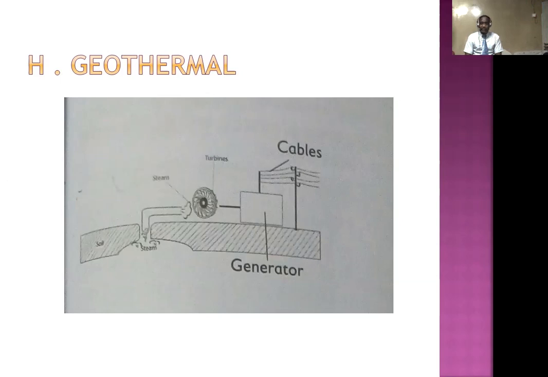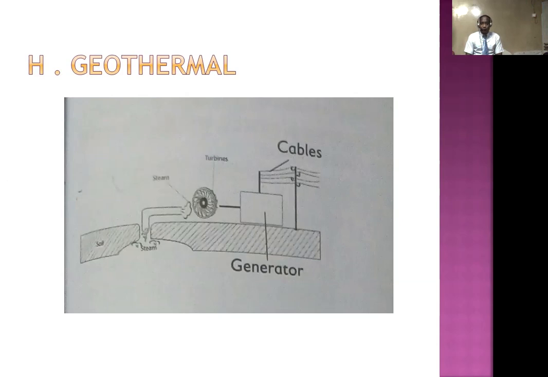The word geo means earth, while thermal means heat. Therefore, pupils, heat from underground boils water to change into steam. This steam is collected using pipes and directed towards the turbine.